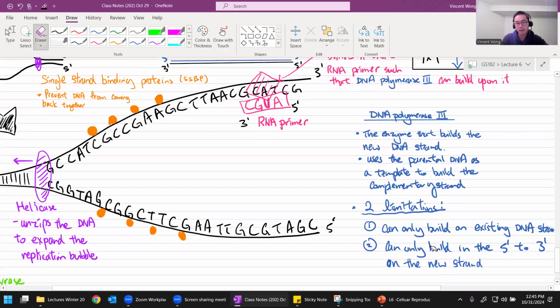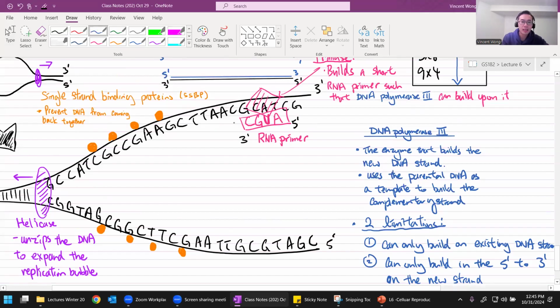In the second limitation we wrote down here, polymerase 3 can only build in a 5 prime to 3 prime direction on the new strand. So do you think polymerase 3 will start putting letters this way, or will it start putting letters the other way? Okay, I'm going to launch the poll for you. Is it this way? I would say A, or the other way, B. Let me relaunch the poll.